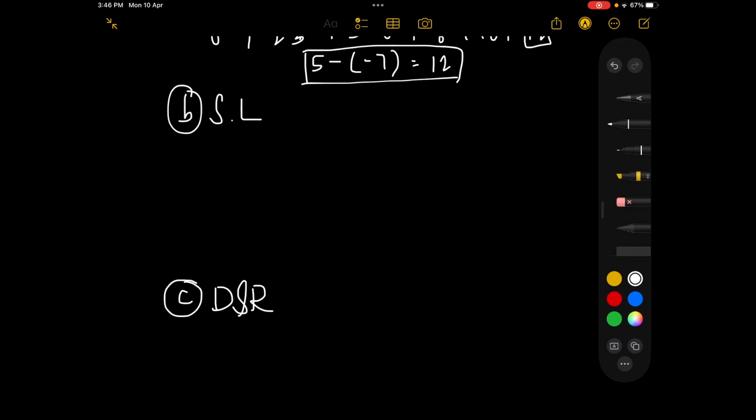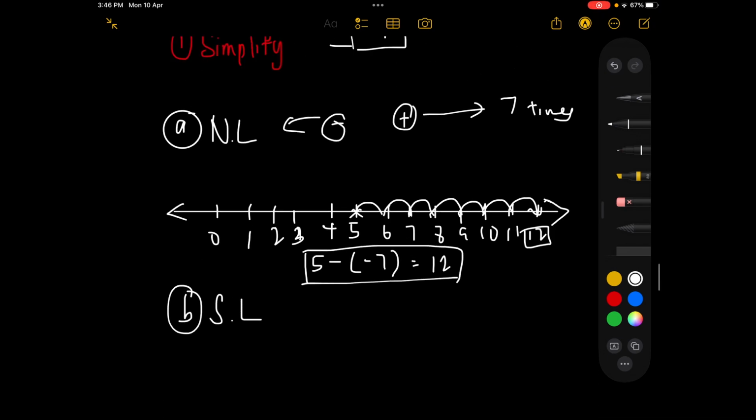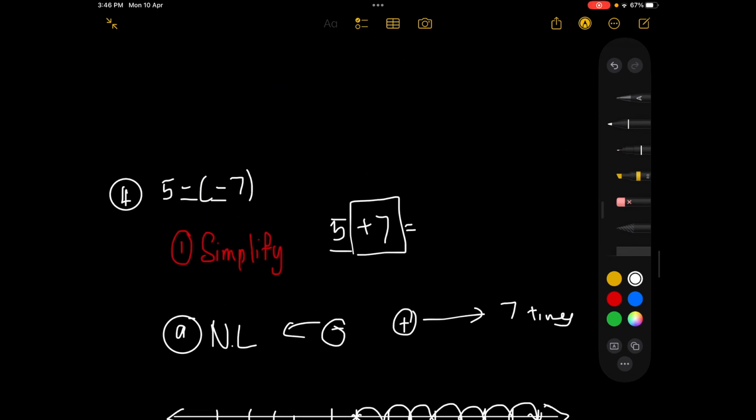And if different signs, you have to make it negative, for example plus minus is negative, minus plus is also negative. That's used when we are simplifying any signs that appear side by side in addition or subtraction questions.